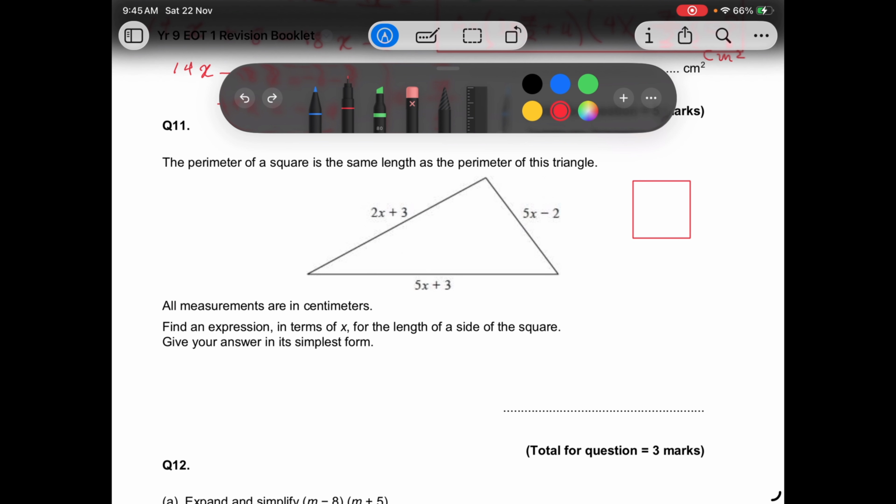This is what they told us. They have the same perimeter. So what they want is to find the side length of this square. You can call it side length or you can call it edge. Edge is very special for a square. Edge means the side length of a square.